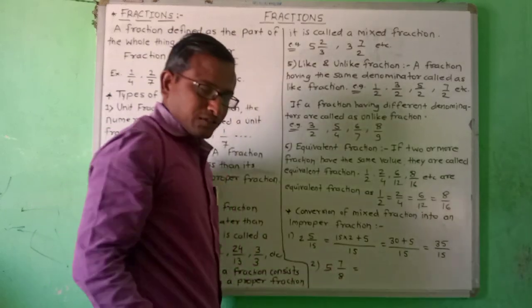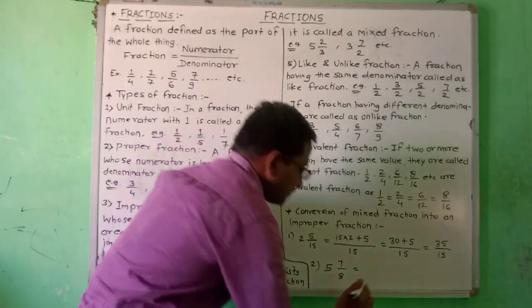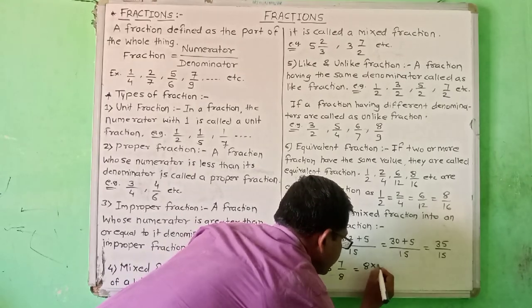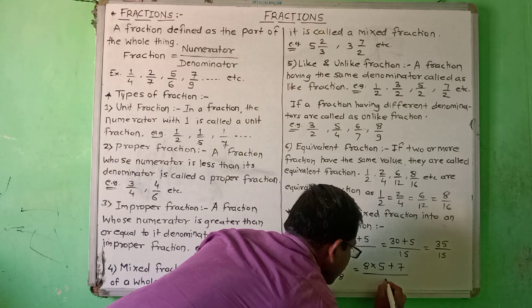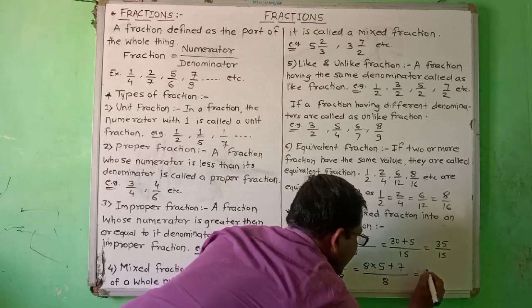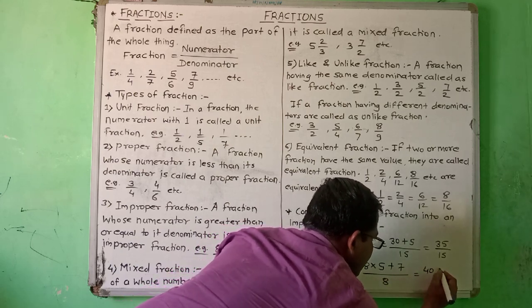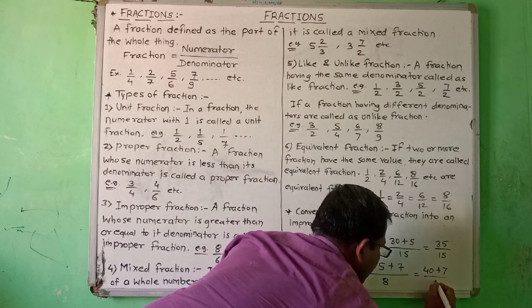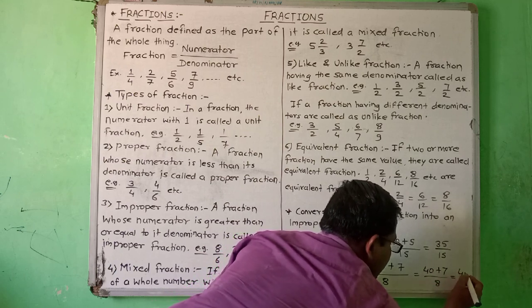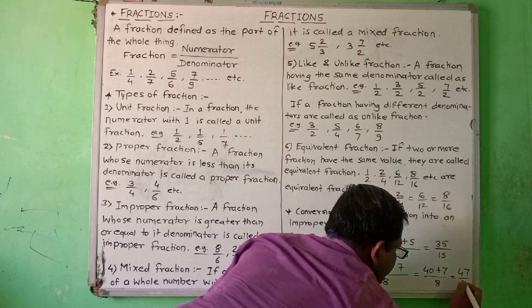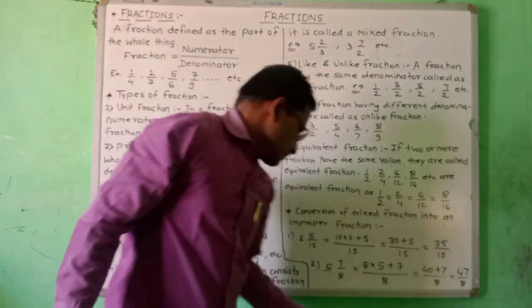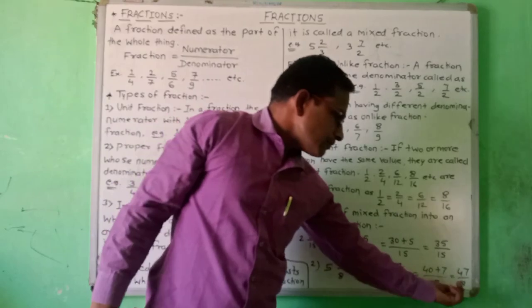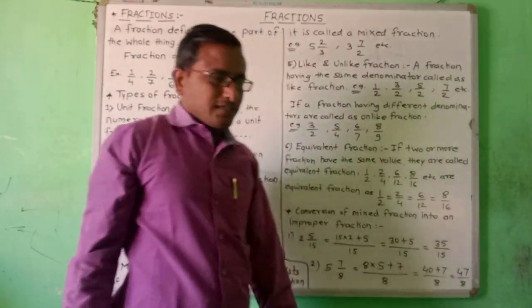So again same process follow here. 8 multiplied by 5 plus 7 upon 8 is equal to 8 5s are 40 plus 7 upon 8. So 47 upon 8. This is the improper fraction. So mixed fraction is converted into improper fraction.